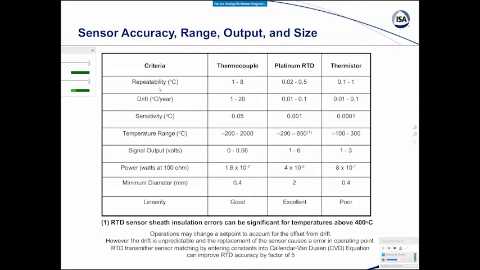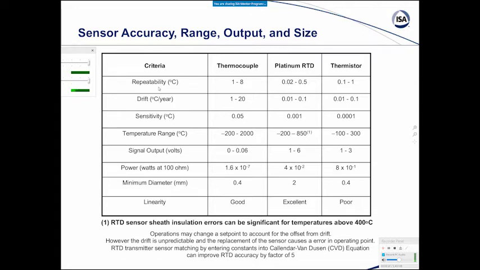And first of all, let's look at repeatability. That's incredibly important for any sort of control system. If you get a change in the process variable, you're going to get the same sort of change each time. If it's erratic, then how the heck does the controller deal with that?